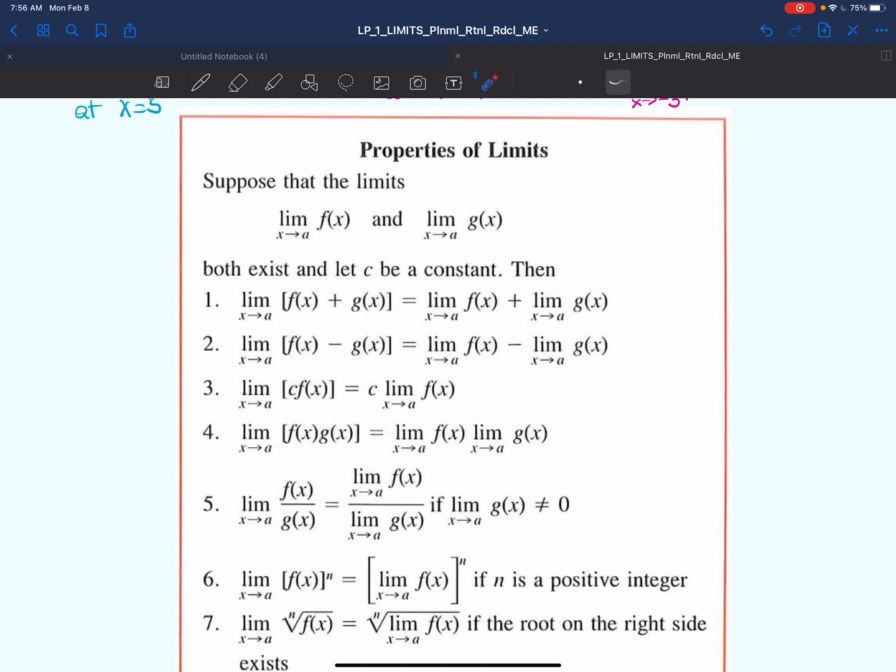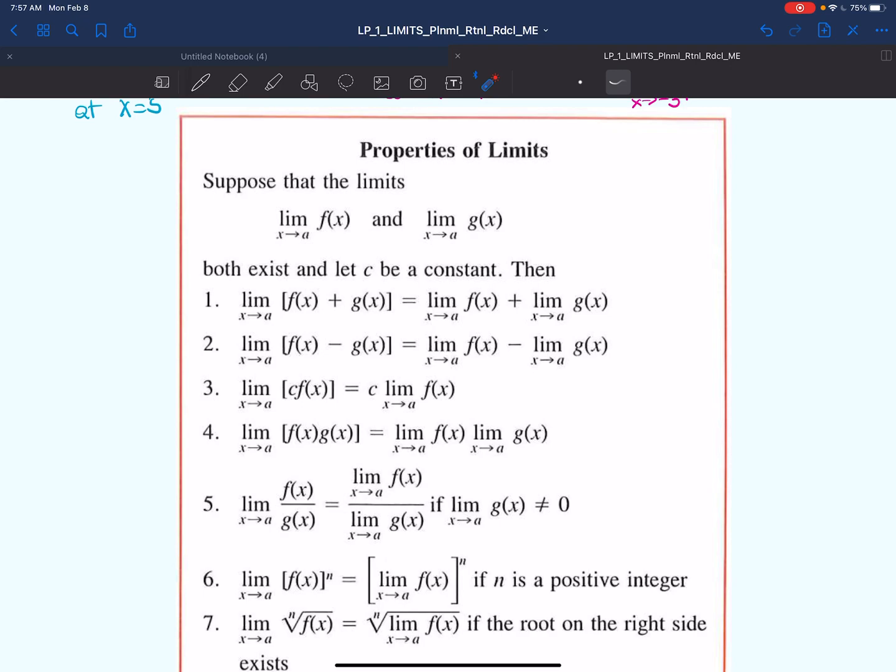So if they both exist, then the limit of the sum of the two functions will be equal to the sum of their limits. In a similar way, the limit of the difference of the two functions would equal the difference of the limits. If we have the limit of a constant times a function, that would be equal to a constant times the limit of the function. So you can take the constant out.